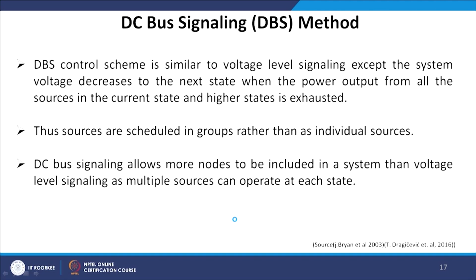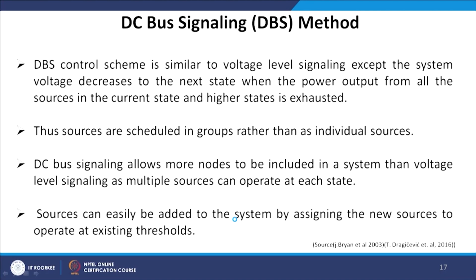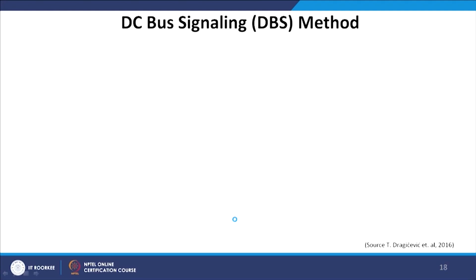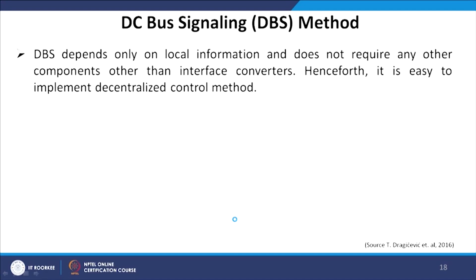DC bus signaling allows more nodes to be included in a system than voltage level signaling, as multiple sources can operate at each state. Sources can easily be added to the system by assigning the new sources to operate at an existing threshold. DBS depends only on local information and does not require any other components other than interface converters. Henceforth, it is an easy to implement decentralized control method.